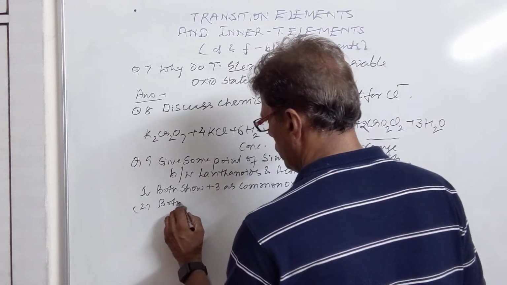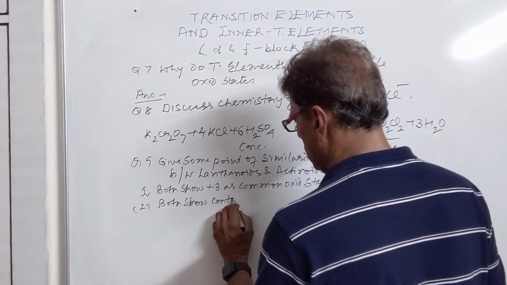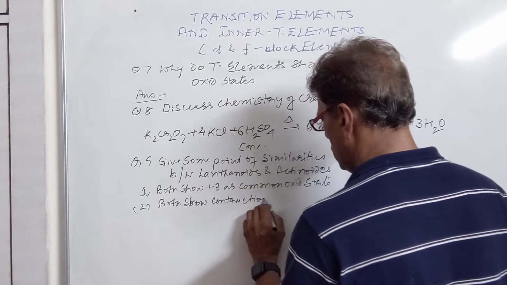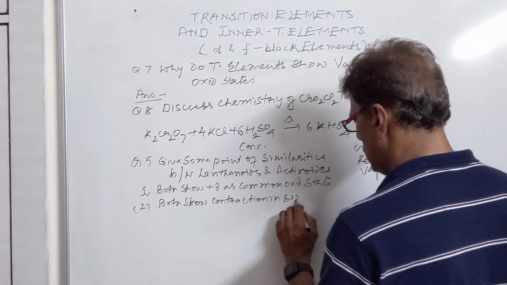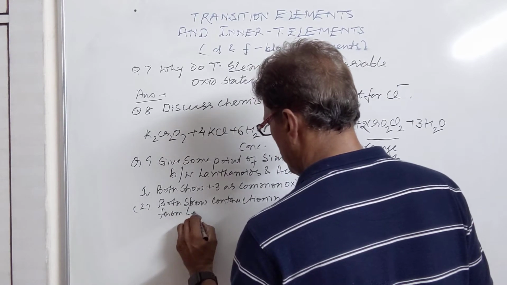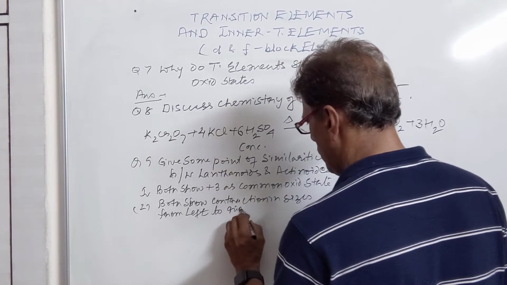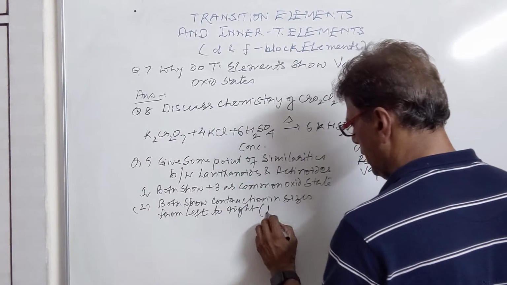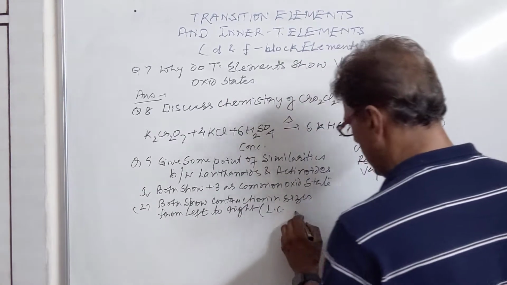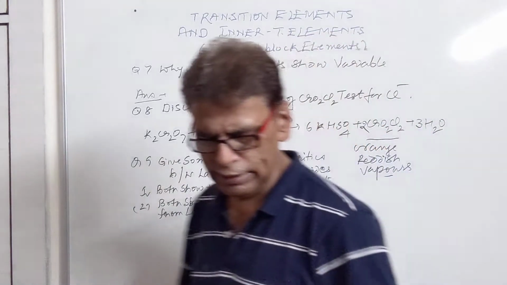Both show contraction in sizes from left to right. In case of lanthanoids, it is called lanthanoid contraction. In case of actinoids, it is called actinoid contraction.